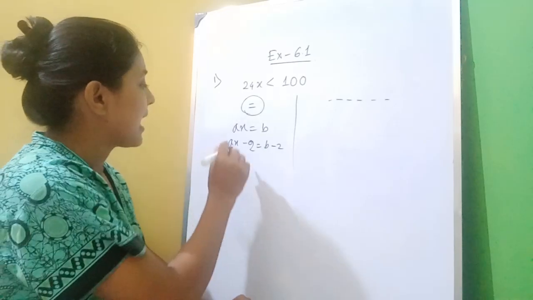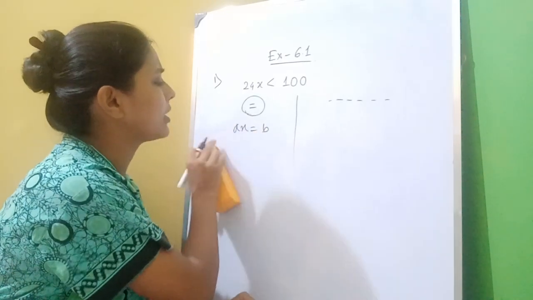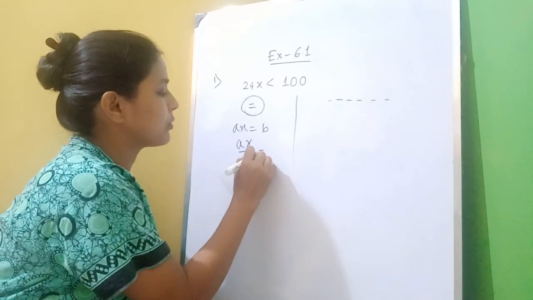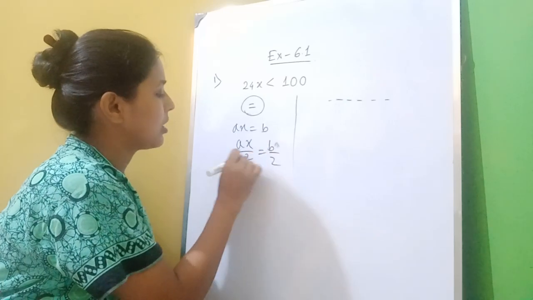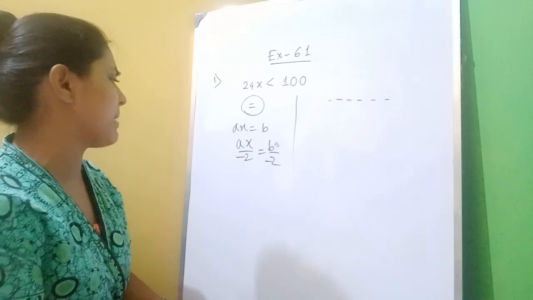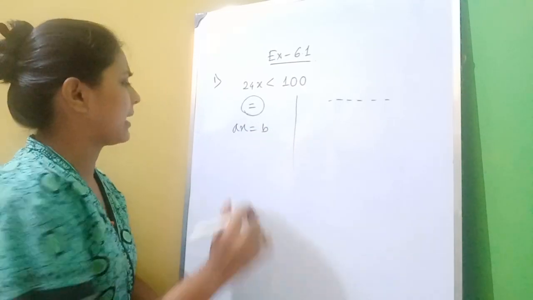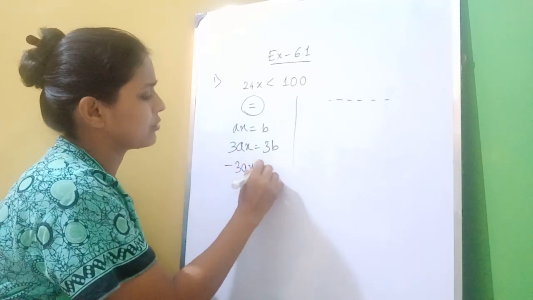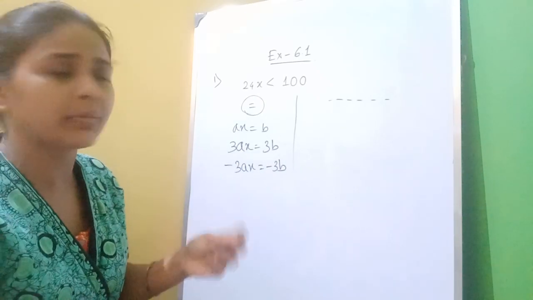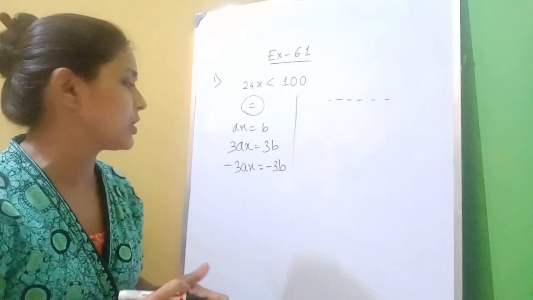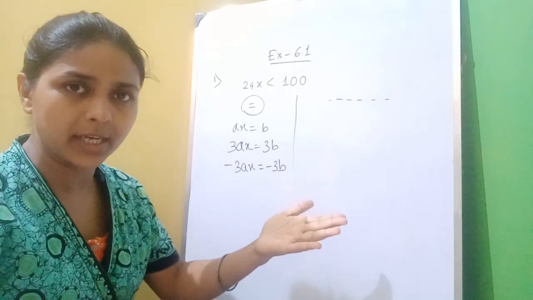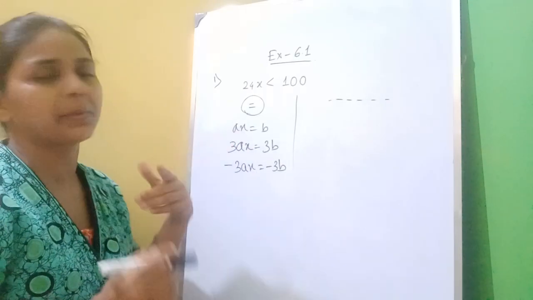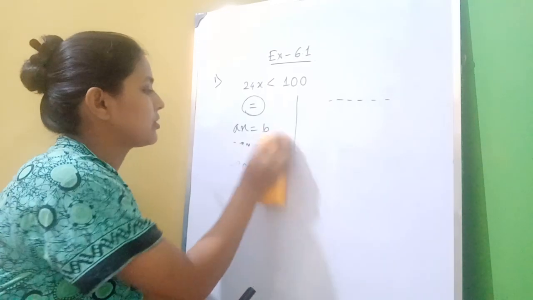And you can multiply or divide any number on both sides, like ax by 2 equals b by 2, or ax by minus 2 equals b by minus 2, or multiplication like 3ax equals 3b, or minus 3ax equals minus 3b. So all four basic operations you can do with the same number to both sides, and the expression will be unchanged, because both expressions are actually the same. Okay, so I'm just writing over here.